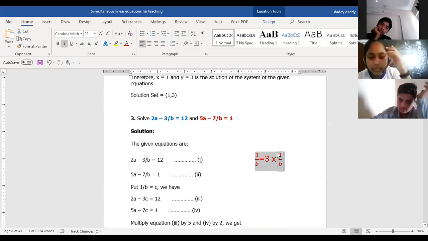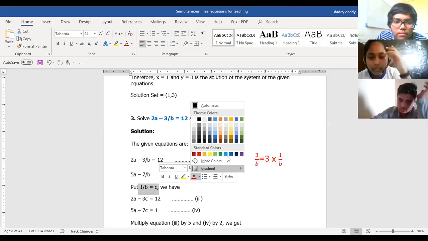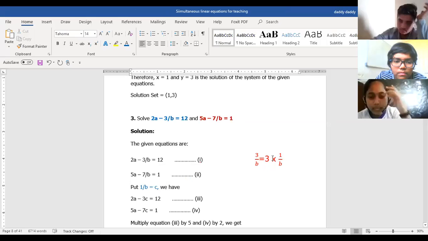It will give me the same thing only. 3 will get multiplied with 1 and I'll get 3 upon b. Now, this 1 upon b, I will assume it to be c. Instead of 1 upon b, I will attach 3 with c.